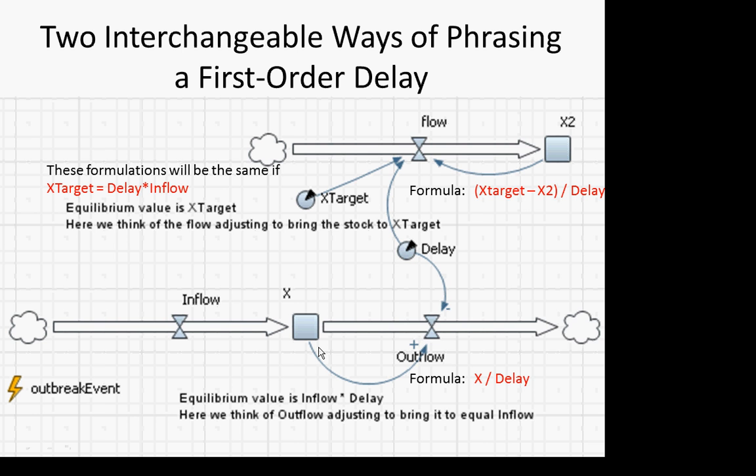Inflow times delay divided by delay, which is just inflow. So it's got to be the case that when you plug the equilibrium value into the outflow, you get the value of the inflow, right? Do you see that? Okay.